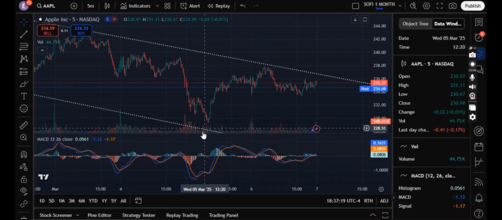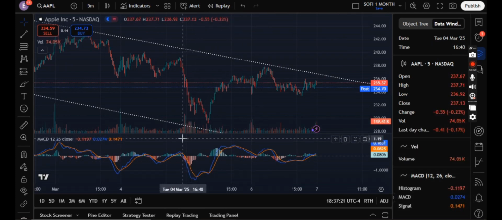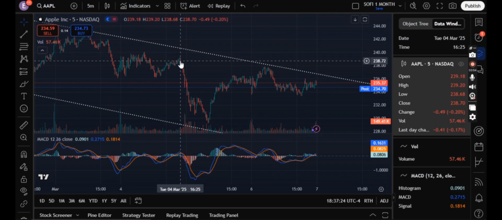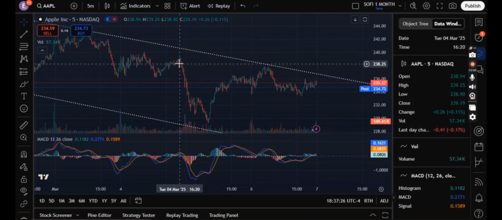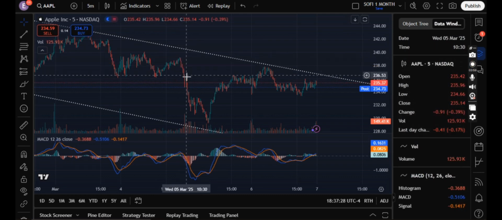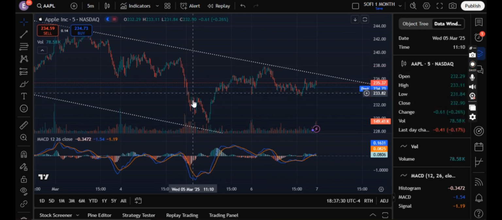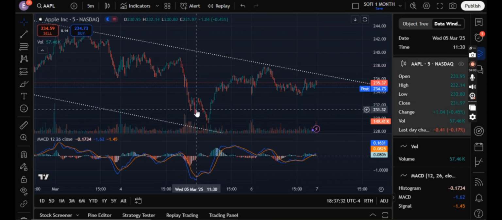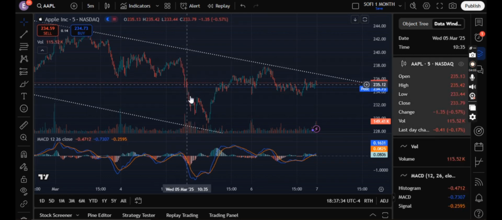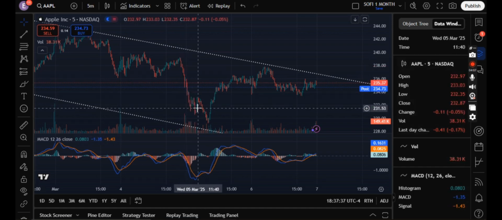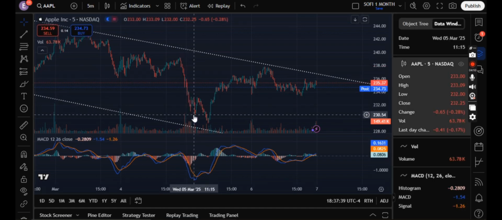So for example, you're looking at Wednesday the 5th of March, a definite bearish cycle here, where you saw the stock drop from 238 to 231. That is actually a very sharp drop. A lot of money to be made there in options trading.